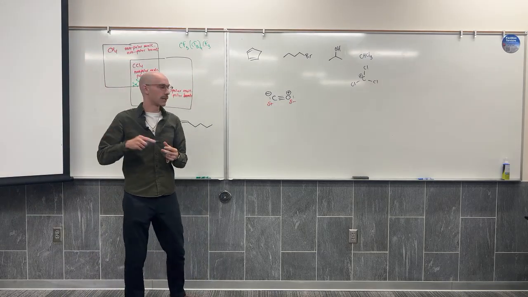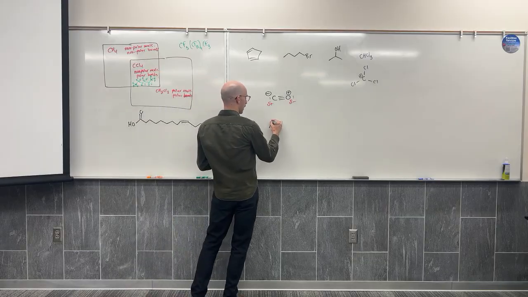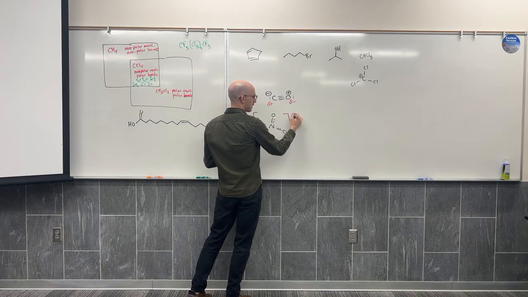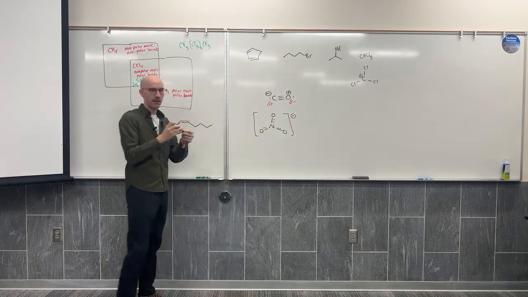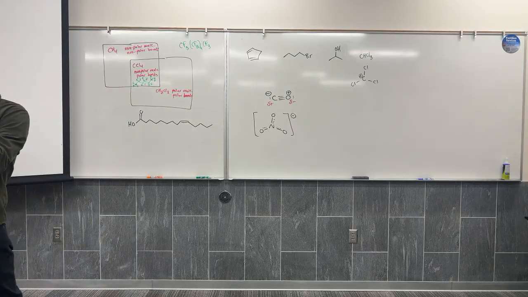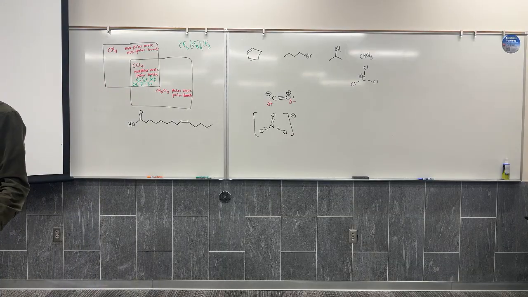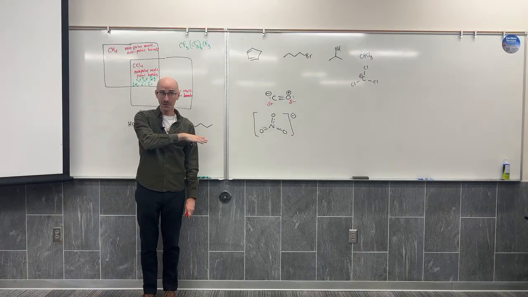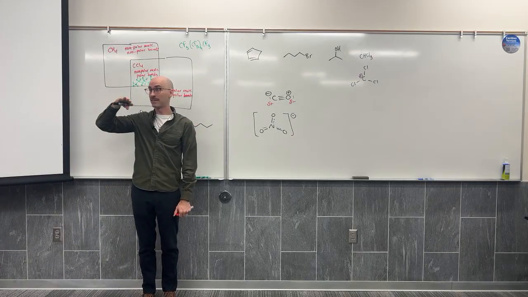Okay, another molecule that I think is fun, if you look at nitrate, NO3 minus, nitrate has resonance, which means that it doesn't have a double bond isolated in a specific spot. It's got its double bond spread out across all 3 oxygens. That's a trigonal planar molecule. It is symmetric.